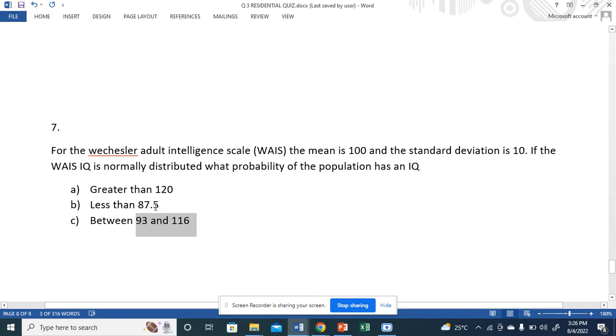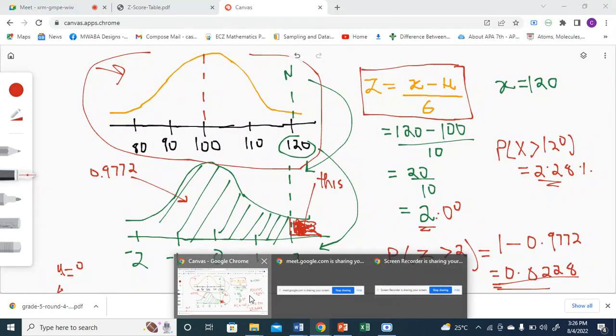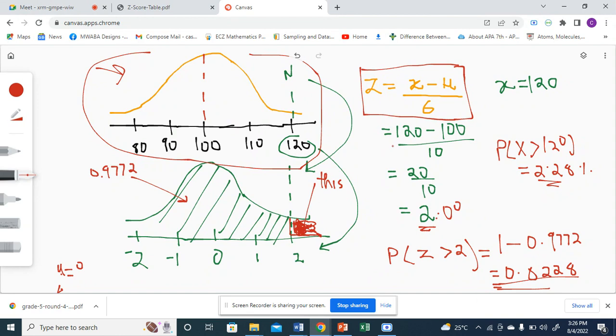So you say 120 minus 100, remember the mean is 100, standard deviation is 10, so 120 minus 100 divided by 10.